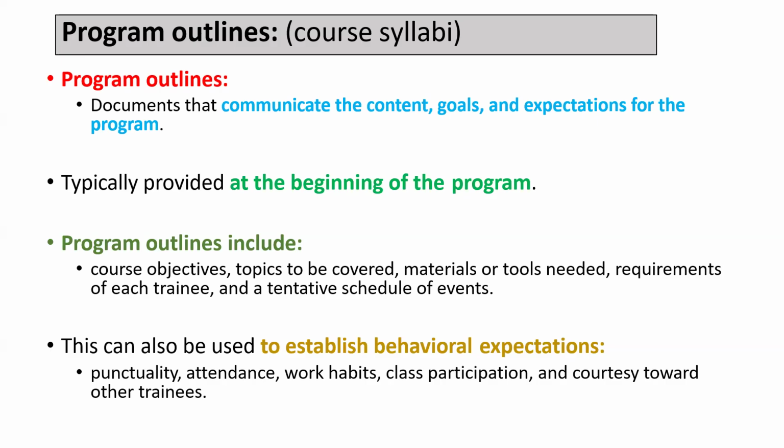The main expectation of this type of document is punctuality, attendance, work habits, class participation, and courtesy towards the other trainees, and courtesy of the trainees towards the trainers, right?